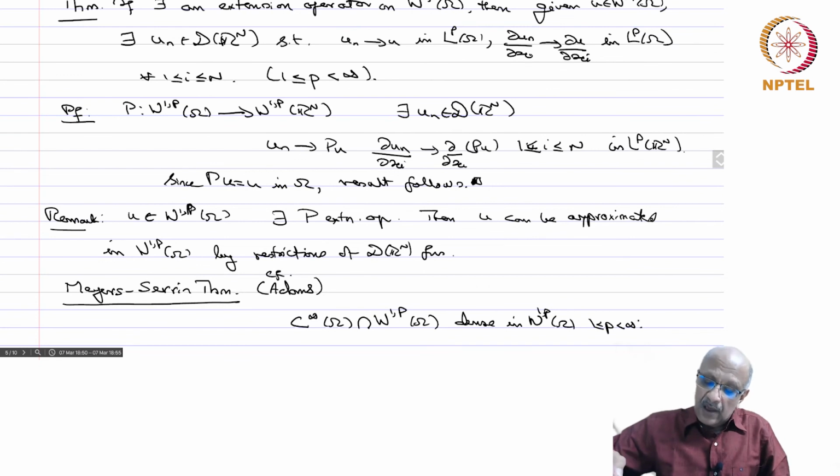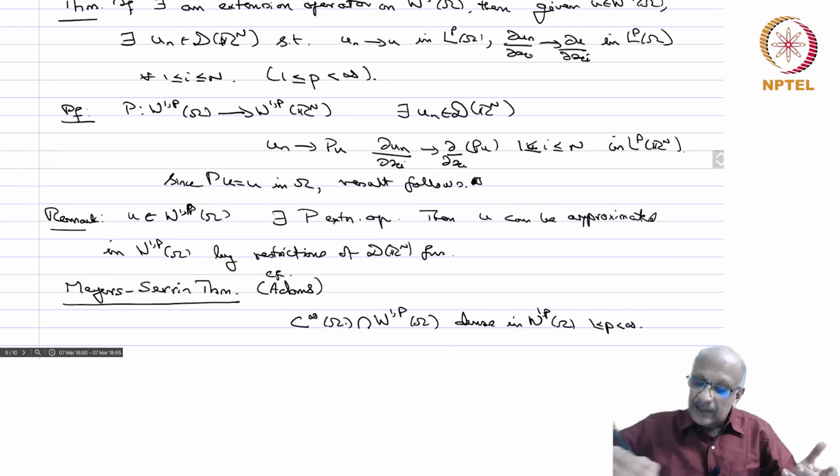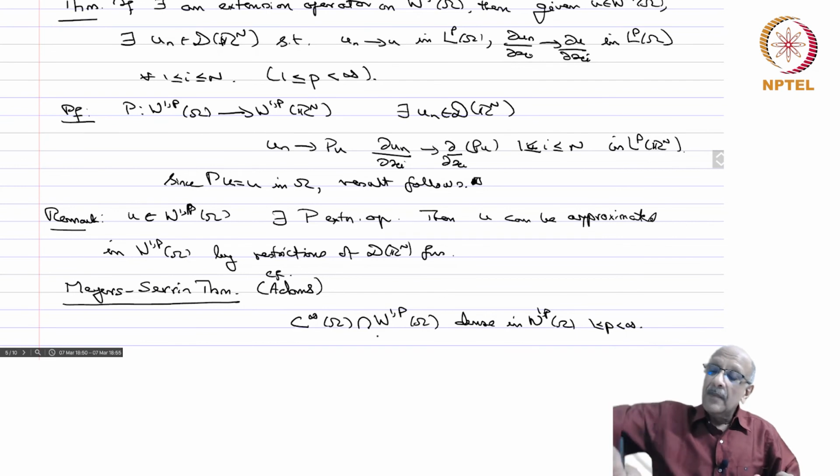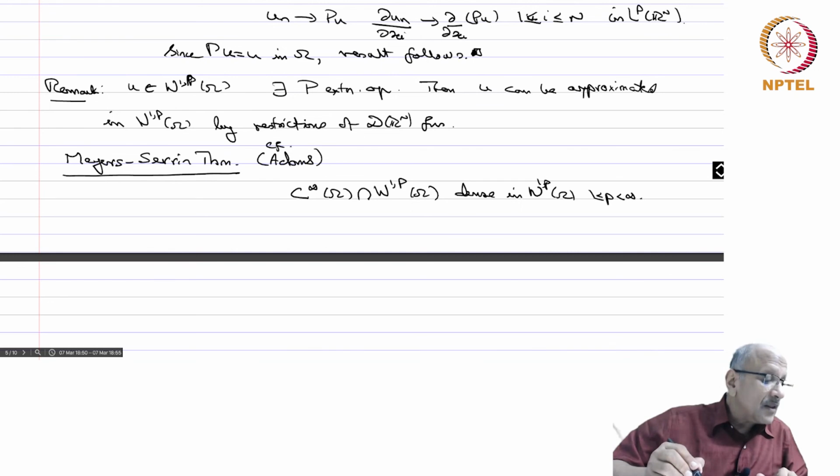Because if omega is unbounded, you cannot really say that a C infinity function is in Lp, so you have to put this intersection. It should be a C infinity function and it should also be in W^{1,p}(omega). Such functions may or may not be restrictions of D of Rn functions. So it says that if you have such C infinity functions which are in Lp, they are also dense, so you can approximate by those functions.